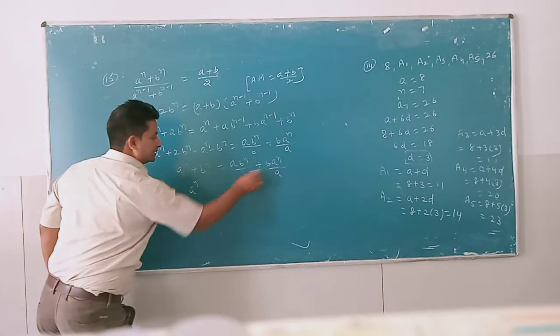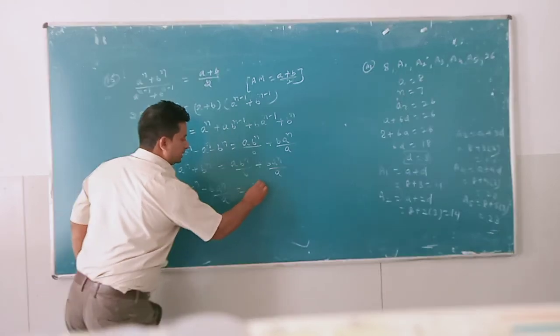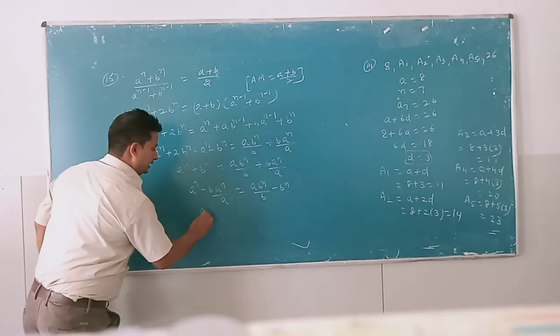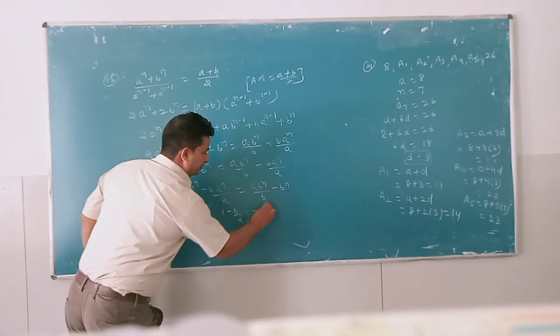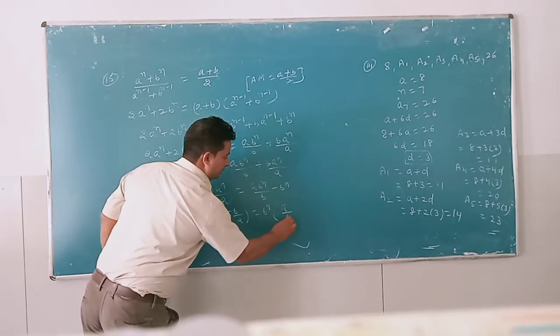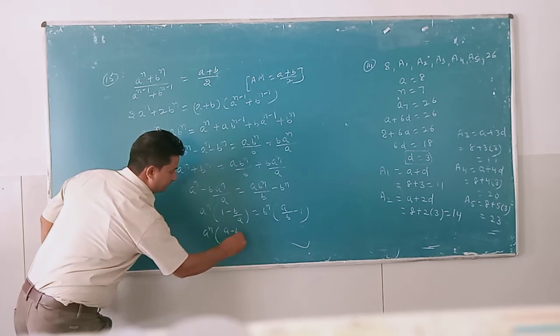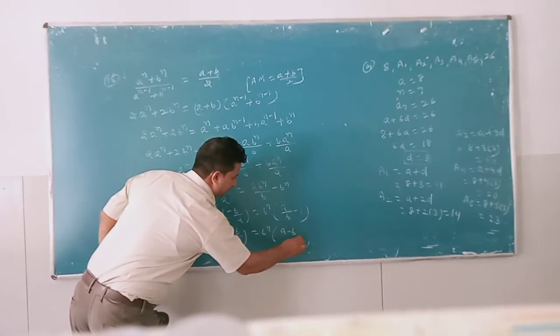When we take this term on the left-hand side and this term on the right-hand side, take a^n common, so 1 minus b upon a. Take b^n common, a upon b minus 1. When we take the LCM, this is (a minus b) upon a, and this is (a minus b) upon b.